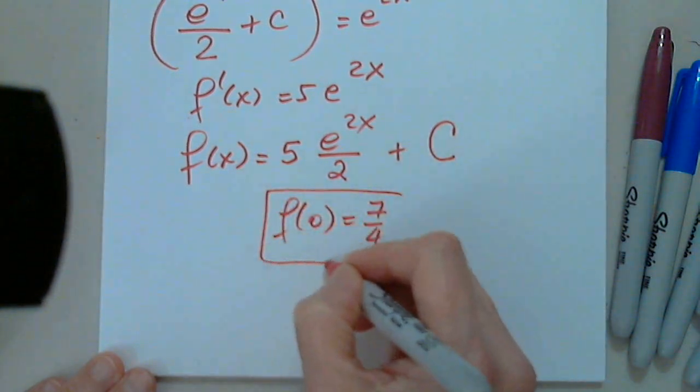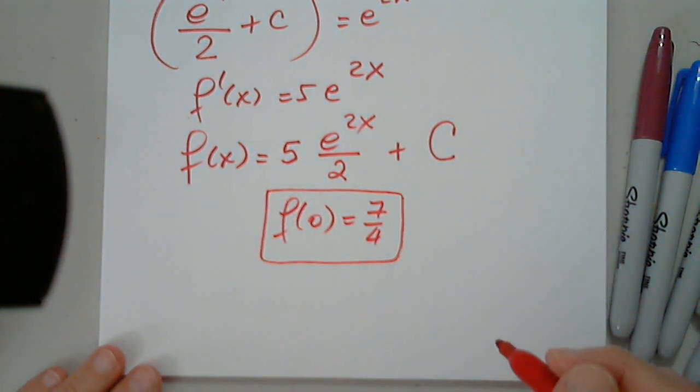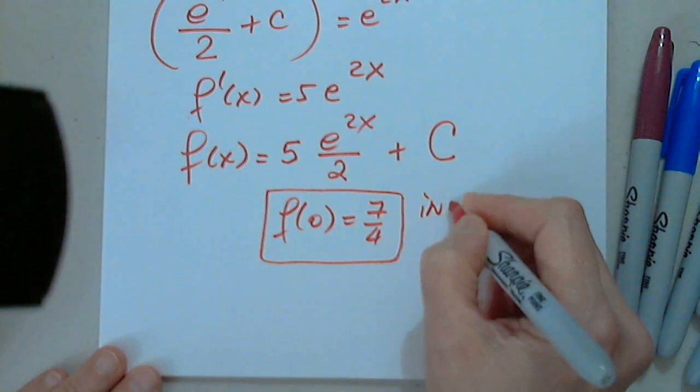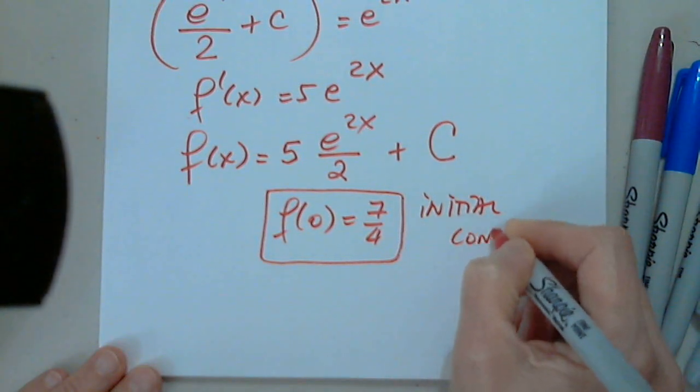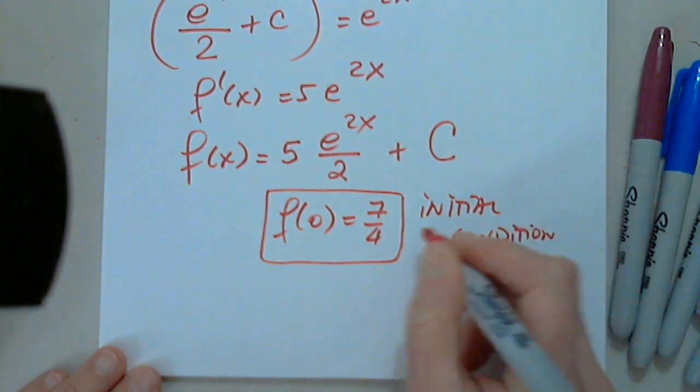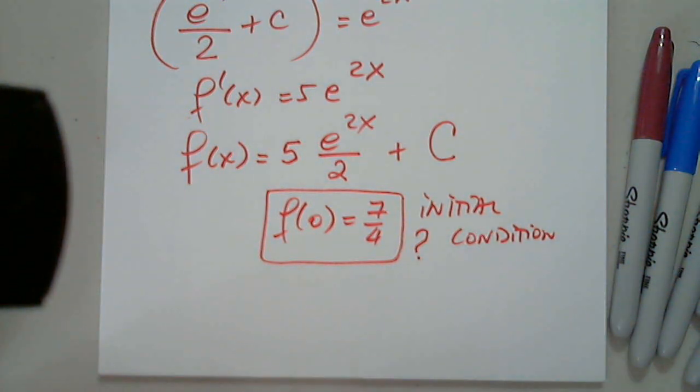Why do you think this condition is given to us? Initial condition. What are we doing with it? And why is it given?